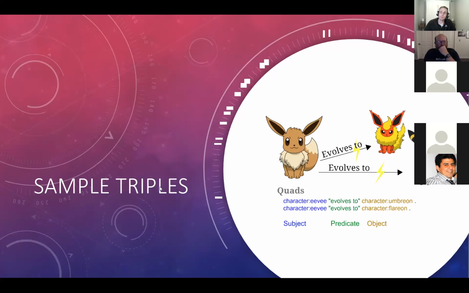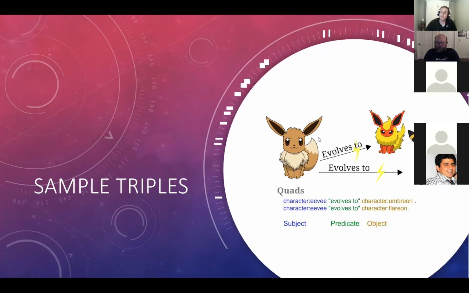So here's a sample of a triple. So EV, that's one of the characters, can evolve into either Flareon or Umbreon. And this is kind of what this subject, predicate, object looks like. So a character EV evolves to, that's the predicate, character Umbreon, or EV evolves to character Flareon.